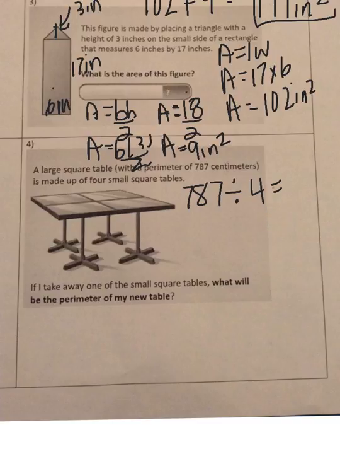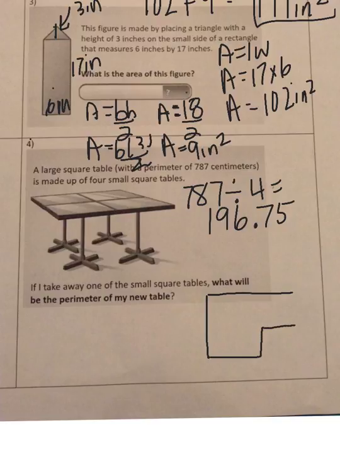When I divide by 4, it is going to give me 196.75 on each side. Okay, so my new figure, I'll help draw that: I have the 3 sides and I'm taking one side out.